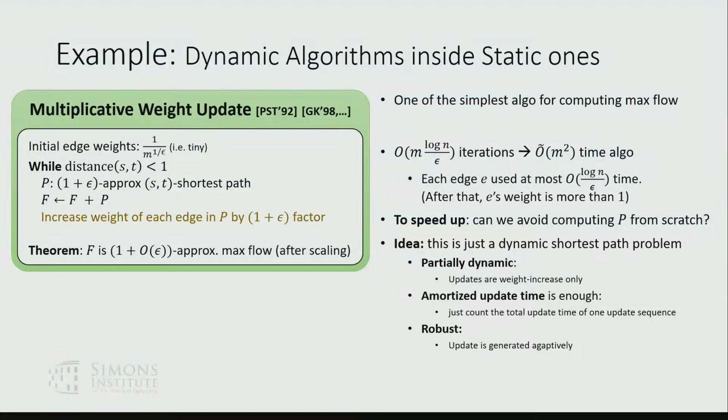And indeed, one of my previous works implements this robust one that is partially dynamic and has n to the little o(1) amortized update time, which leads to a speed up of this running time from m squared to almost linear. So this can indeed be useful.